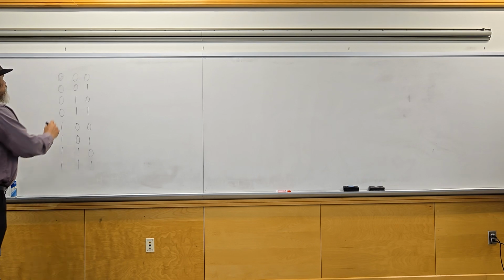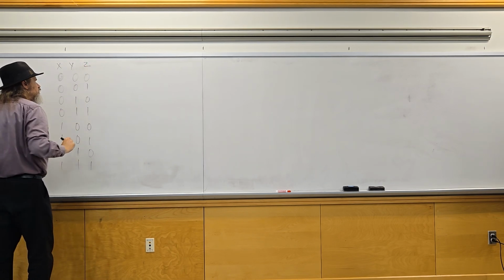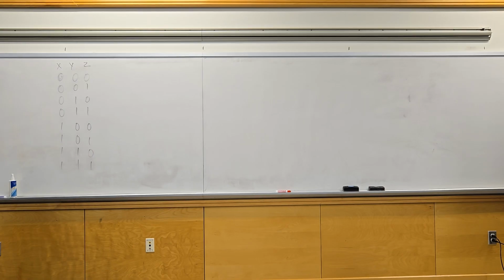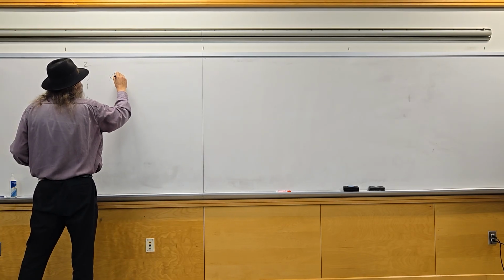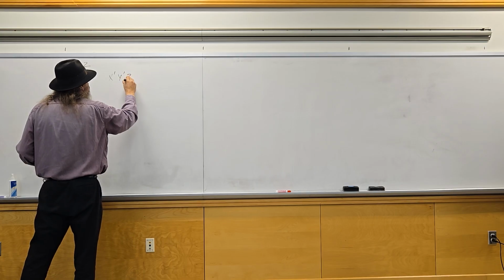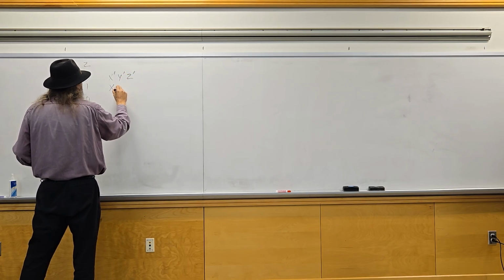All right, so say these are your x, y, and z variables in the table. A 1 here would be x prime, y prime, z prime. X prime, y prime, z.